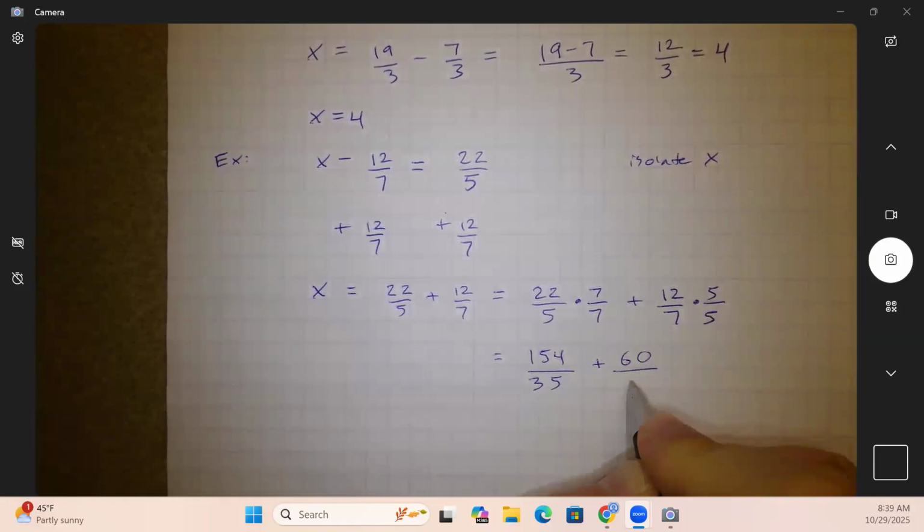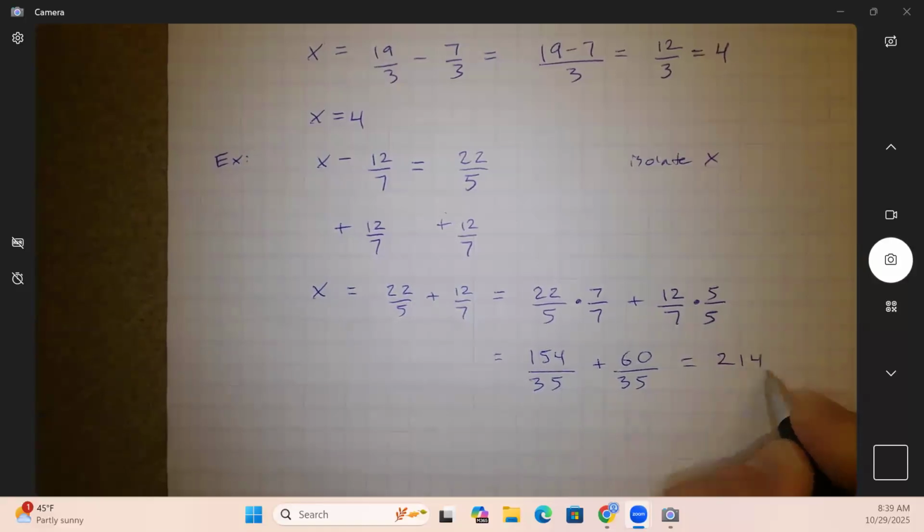And I'm going to add to that 60 over 35 because 12 times 5 is 60. I'm going to get 214 over 35. If you notice me getting my arithmetic wrong, please catch me, because yeah, I do that all the time.